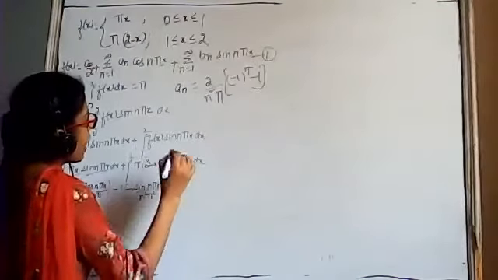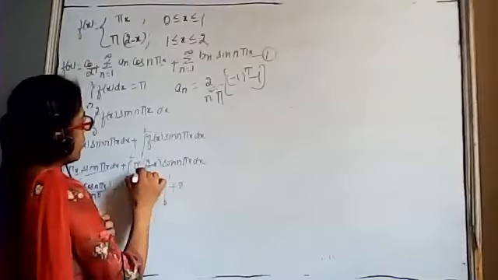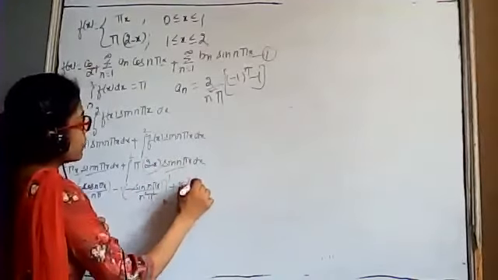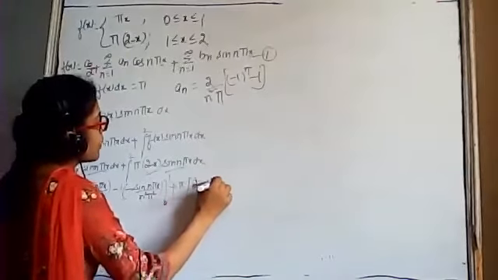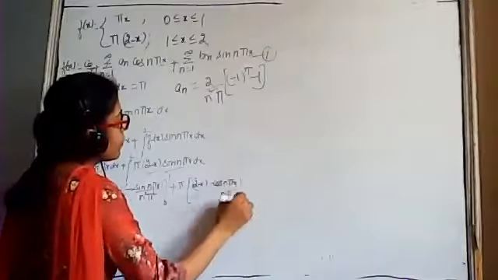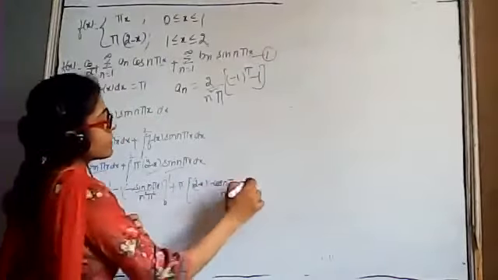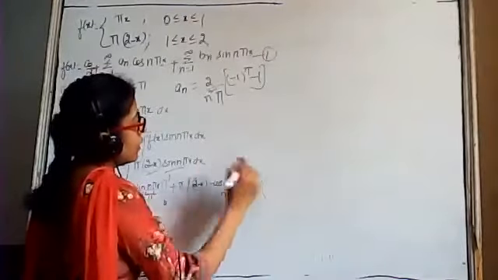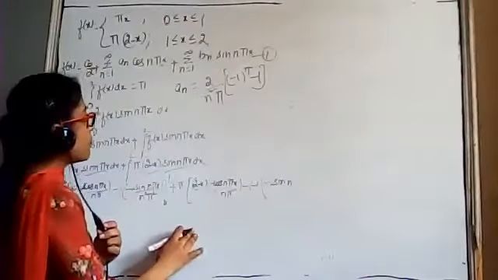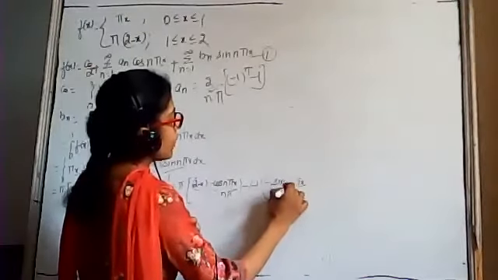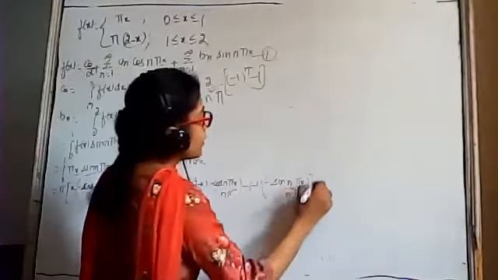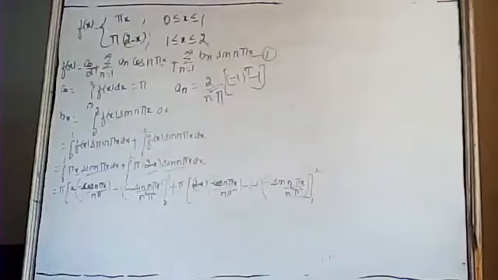Plus again pi outside the integration sign. Again integrating by parts. It is 2 minus x, minus cos of n pi x upon n pi, minus, this is again minus 1, minus sine of n pi x upon n square pi square, and limits are from 1 to 2.